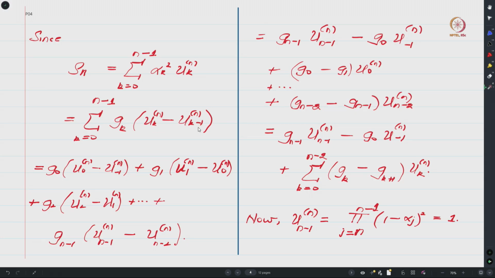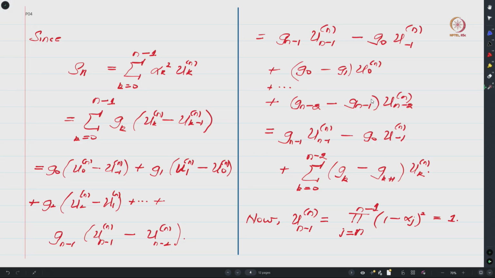So now what we will do is we will take this difference over here and rewrite it in terms of differences of gk, and towards that we will collect common terms. You can see that here you have this u0n and here also you have u0n, so we will combine them so that we end up with g0 minus g1, that is what we have over here, and in this way we go all the way up till un minus 2n, which will end up giving us the expression gn minus 2 minus gn minus 1 times un minus 2n.